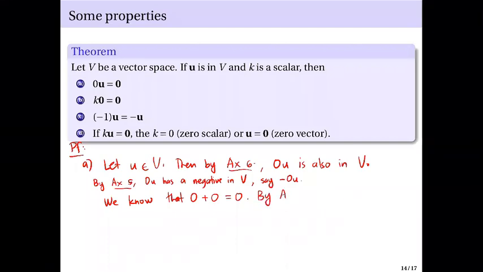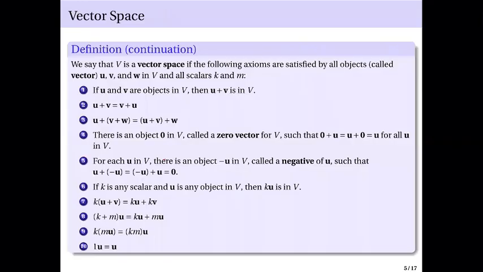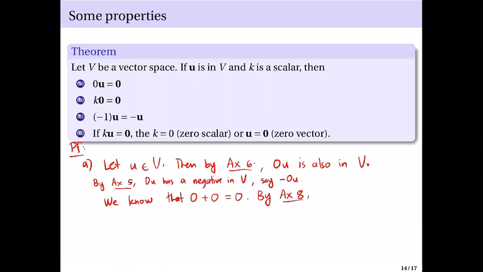By axiom 8, the distributive property, we have (0 plus 0)u equal to 0u plus 0u.